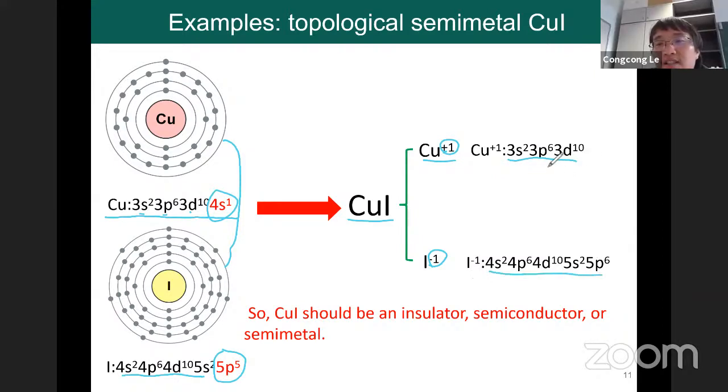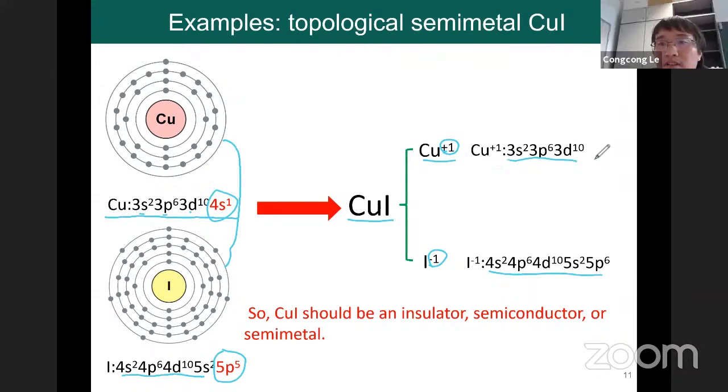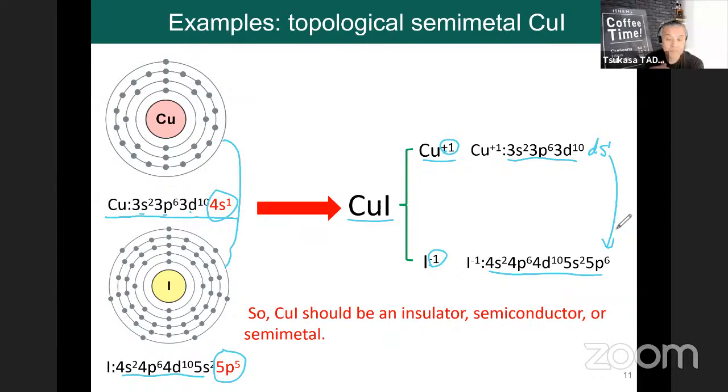So we can see all the electron orbitals are fulfilled, because the copper s electron is given to iodine. So in this case, copper iodide should be an insulator or semimetal or semiconductor.